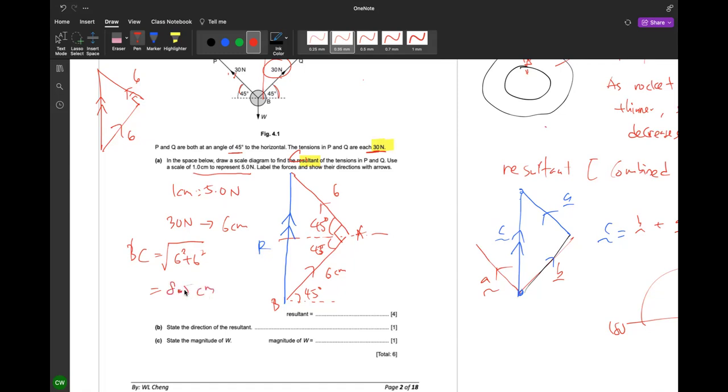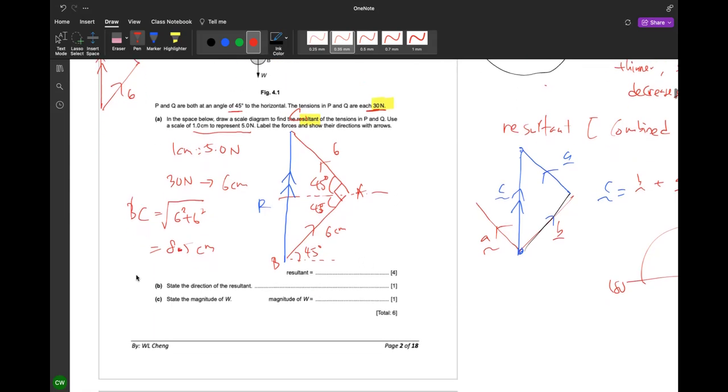If the length is 8.5, what is the resultant force? 1 cm is 5 Newton. 8.5, how many Newton? 8.5 times 5, right? So it is going to be 8.5 times 5, 42.5 Newton. So you can give this one as 45 Newton, 43 Newton.